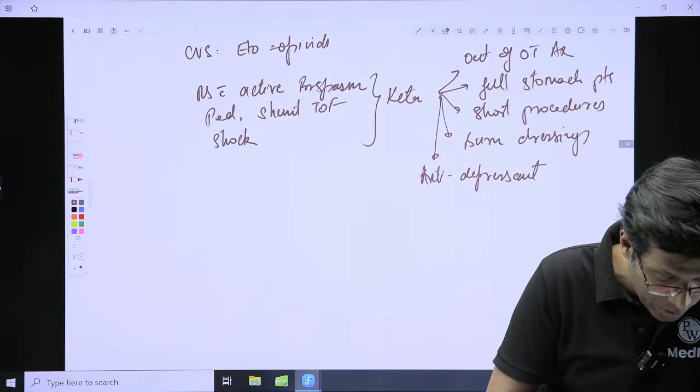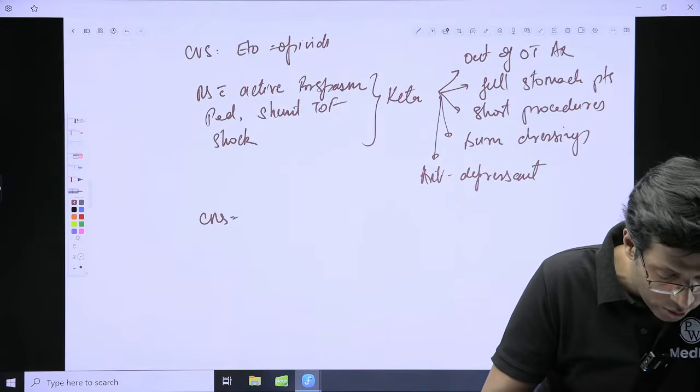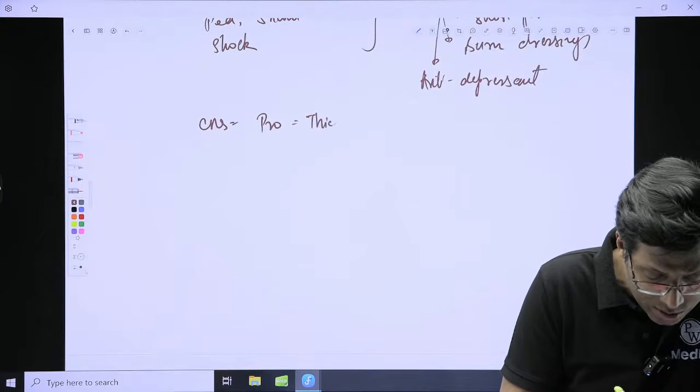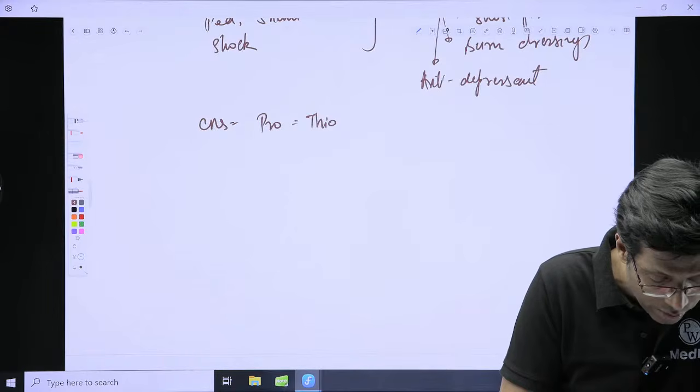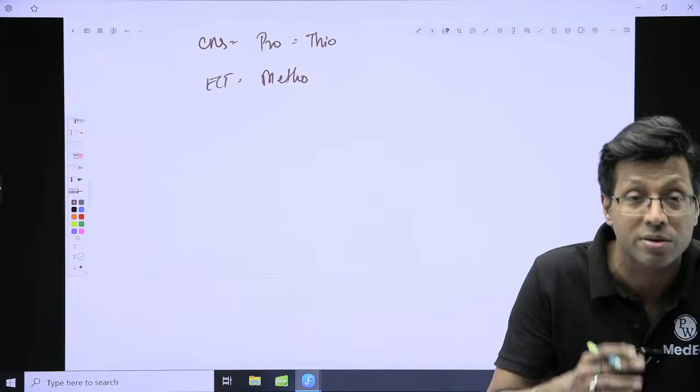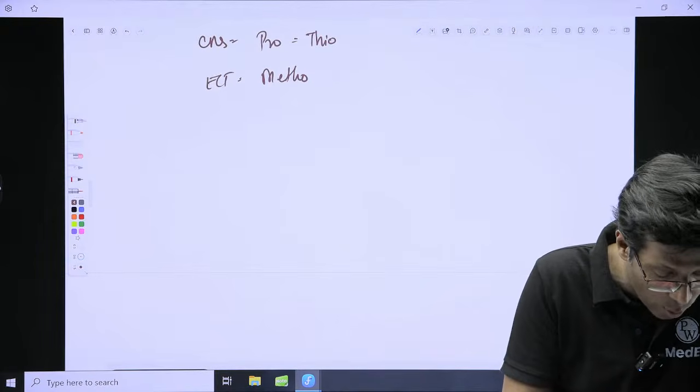When you speak of CNS, remember thiopentone is a very good drug, but propofol, being a newer drug, is preferred or is said to be the same as thiopentone for CNS. When you speak of electroconvulsive therapy, it is methohexitone that is the drug of choice. Rest everywhere else, the answer is propofol.